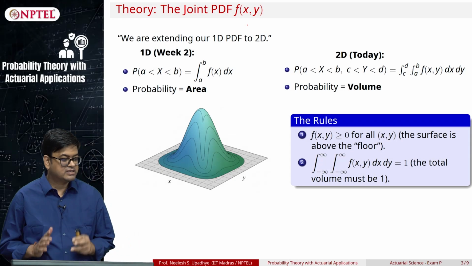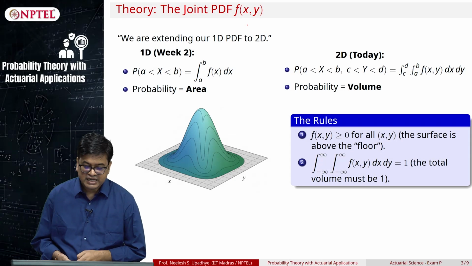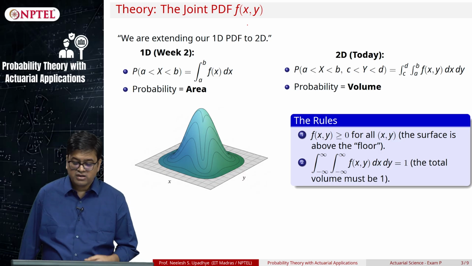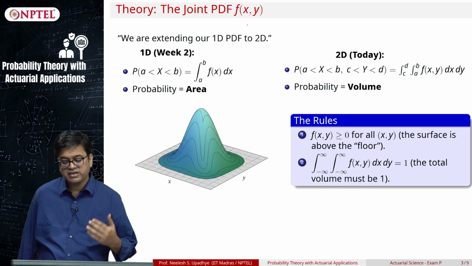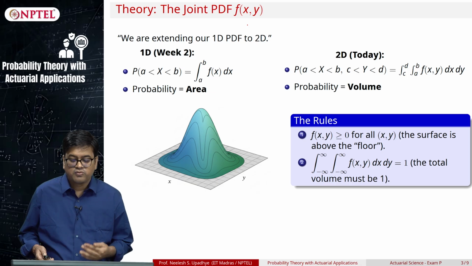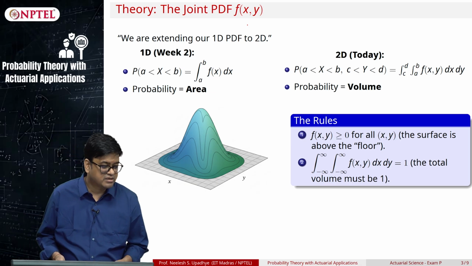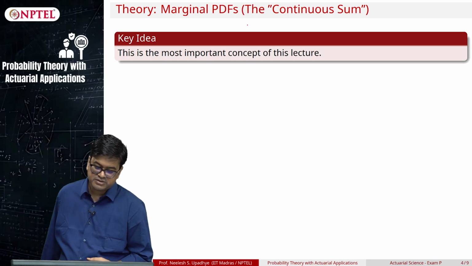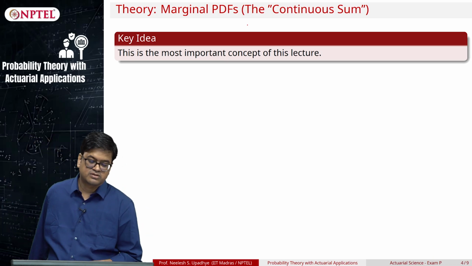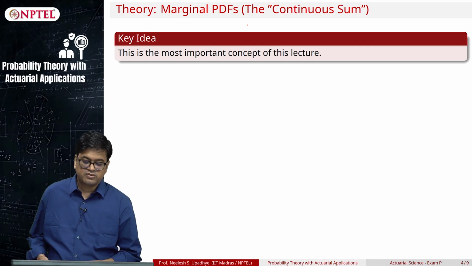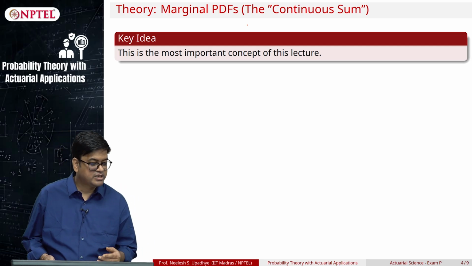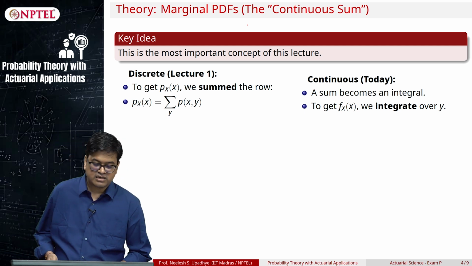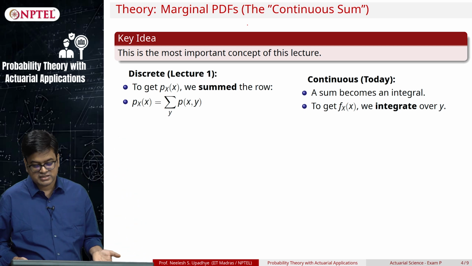Okay. So if you understand this, then the natural passing over will be to understand what happens to the individual random variables. For that, in discrete random variables, we introduced the notion of marginal PDFs. So this same notion will continue. Instead of sum, what we need to do? We need to integrate over the other random variable which we are not interested in.